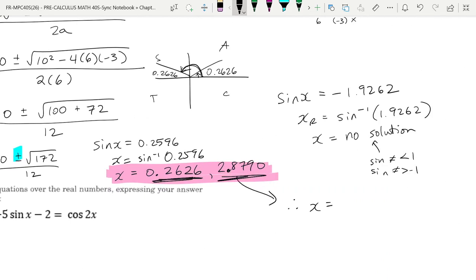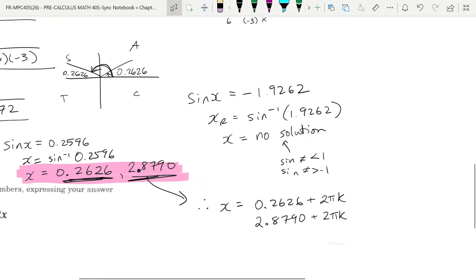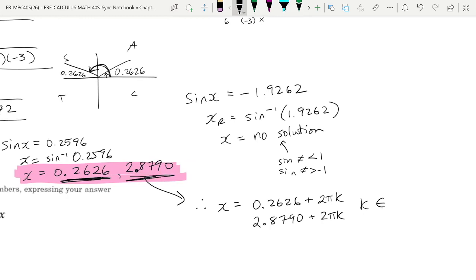Therefore, x equals 0.2626 plus 2 pi k and 2.8790 plus 2 pi k, where k is an element, I'll use Z, I'll be fancy, of integers. And that's my final solution.